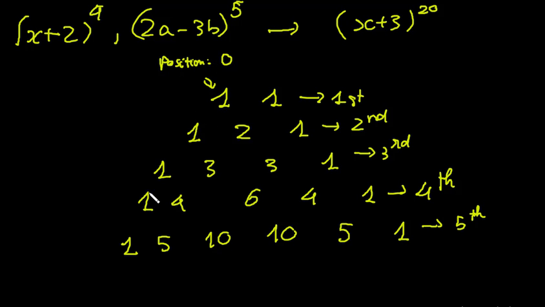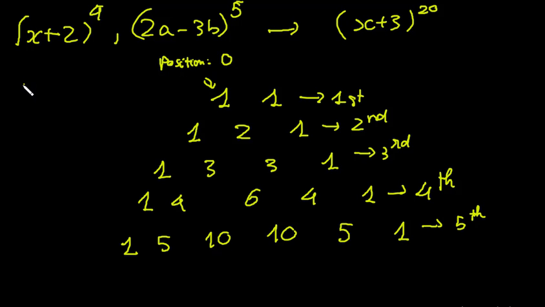So this one's position is 2 because 0, 1, and 2. And maybe this one's position would be 0, 1, 2, 3, 4, so this one's position is 4. Now we use these formulas.